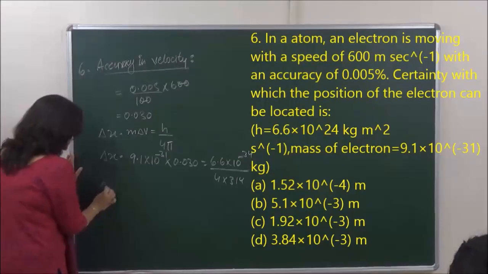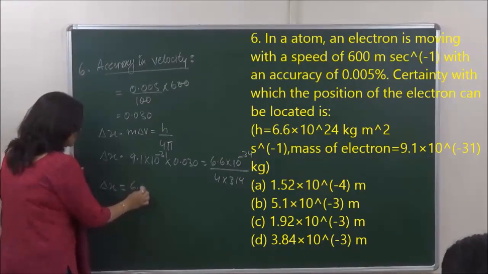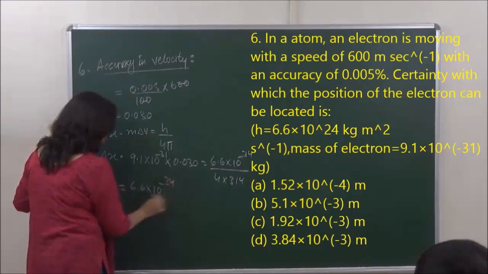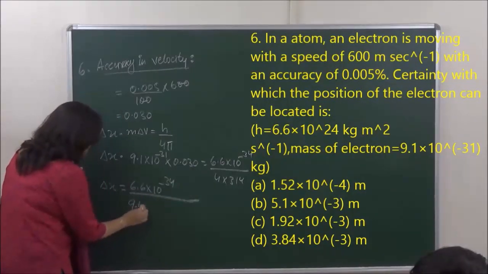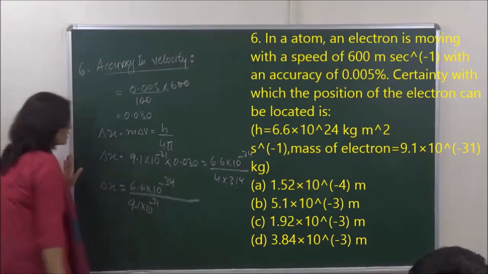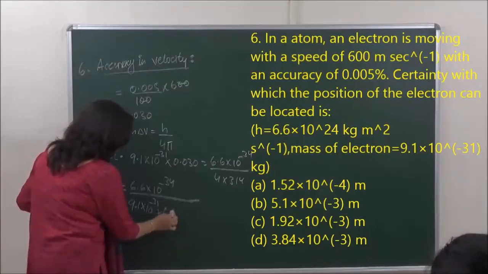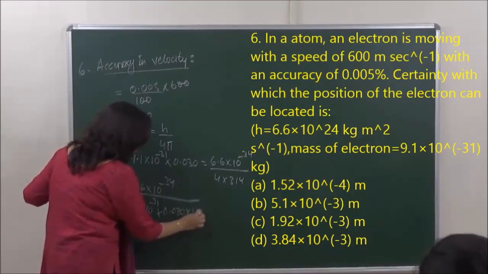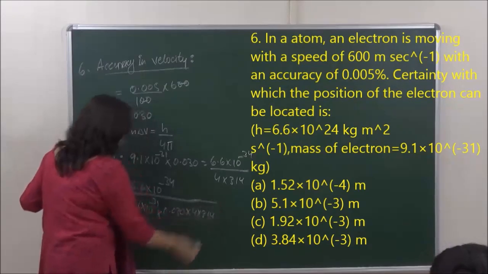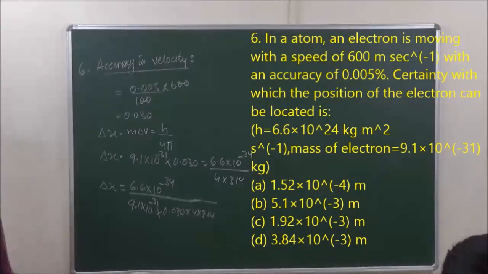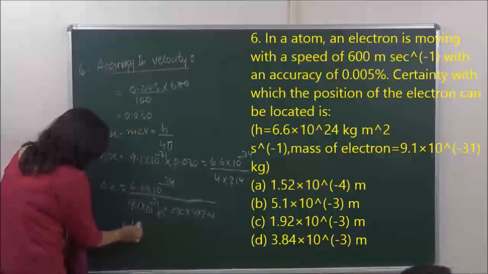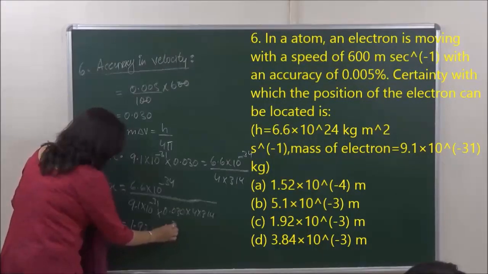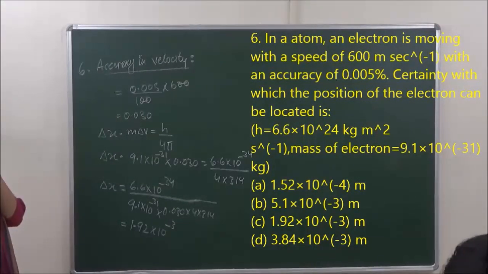So delta x will become equal to 6.6 into 10 raised to power minus 34 upon 9.1 into 10 raised to power minus 31 into 0.030 into 4 into 3.14. So when we calculate this, it comes to 1.92 into 10 raised to power minus 3. So what option is correct? C option, 1.92 into 10 raised to power minus 3.